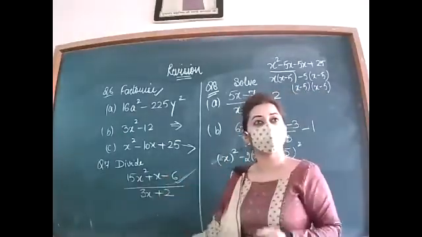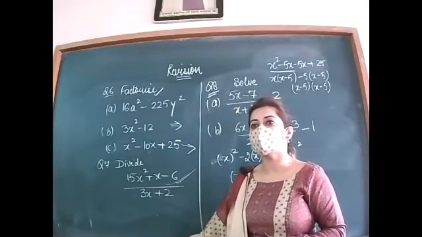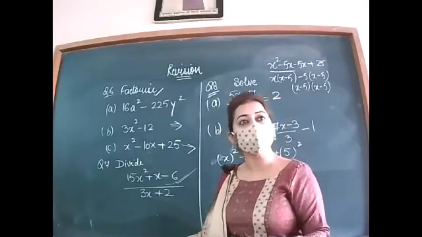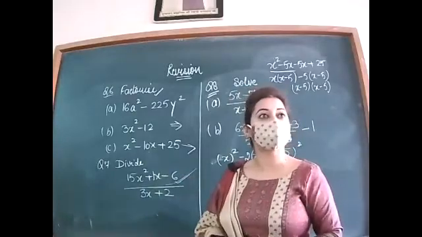15 6 are 90. Make the factors of 90. 10 nines are 90 and 10 minus 9 will give you 1. Is it clear?